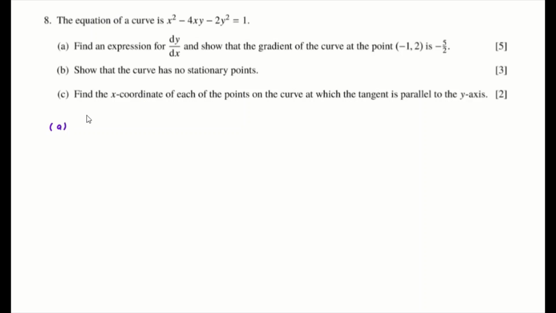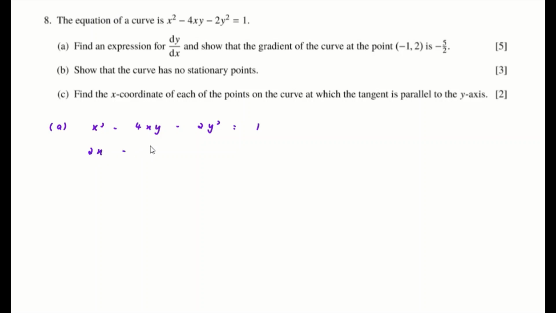So I believe that you need to do implicit differentiation here. So x squared minus 4xy minus 2y squared equals 1. Okay, so in this case for 4xy, you need to carry out your product rule as well, because it involves two variables, two functions here. So x squared, then we have 2x.